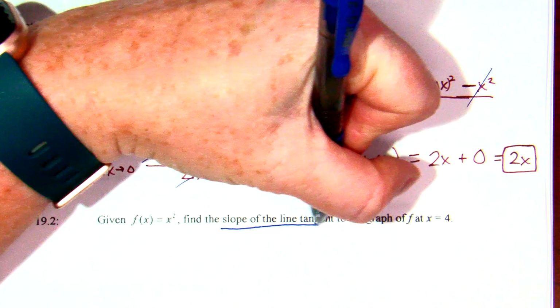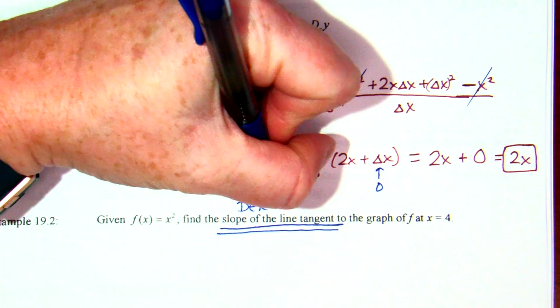Right here, guys. Slope of the line tangent. What is that in other words? Derivative. Remember how I said when you see those words in calculus, you need to have like a red light flashing in your brain that's saying derivative, derivative, derivative. Here it is. Slope of the line tangent to the graph at x equals 4.